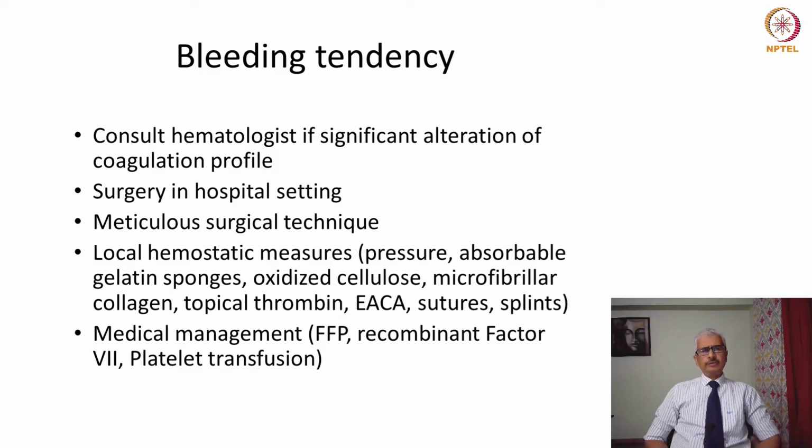After surgery, we should use local hemostatic measures like pressure and styptics like absorbable gelatin sponge, oxidized cellulose, microfibrillar collagen, topical thrombin, epsilon aminocaproic acid, in addition to sutures and splints. Sometimes medical management may be required with fresh frozen plasma, recombinant factor 7 and platelet transfusion.